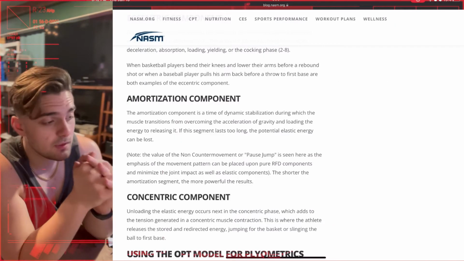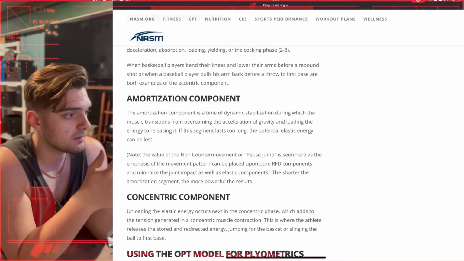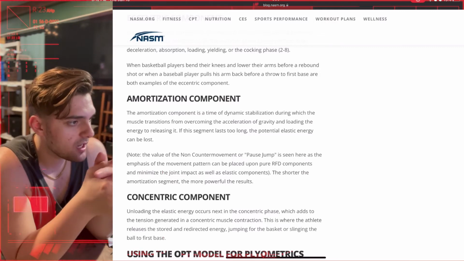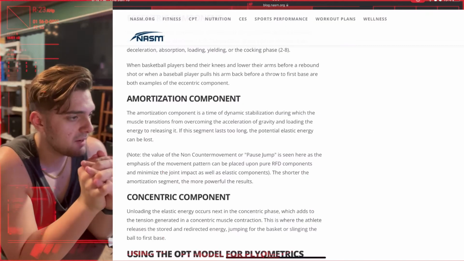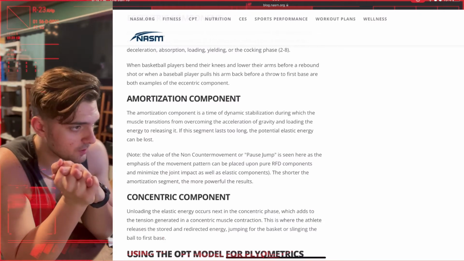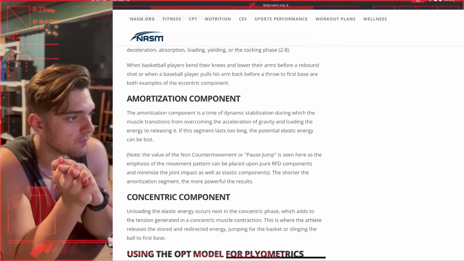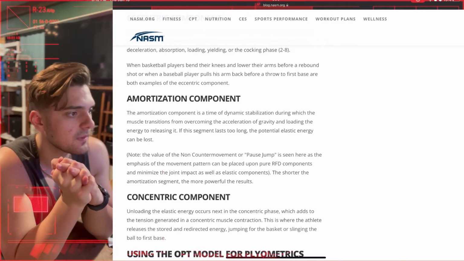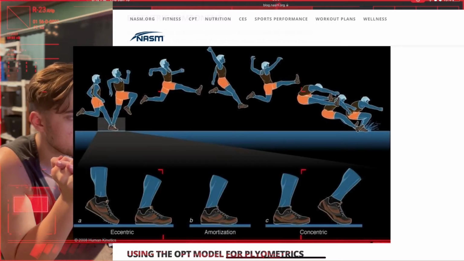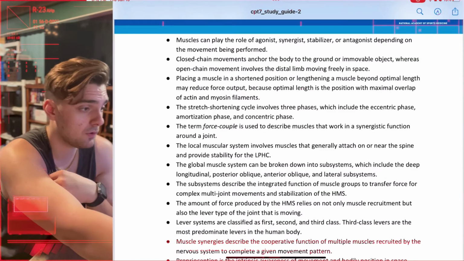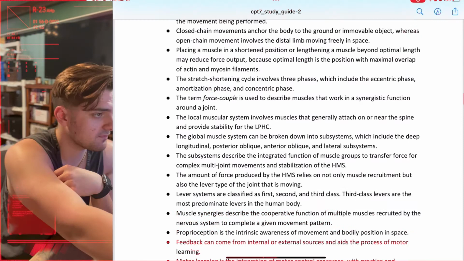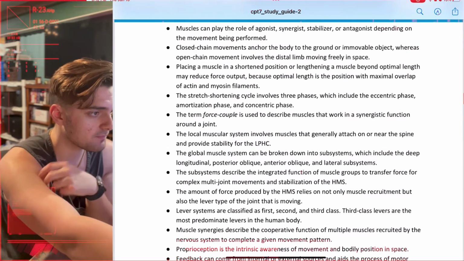All right, according to a NASM blog article, the amortization phase is a time of dynamic stabilization during which the muscle transitions from overcoming acceleration of gravity and loading energy to releasing it. If this segment lasts too long, the potential elastic energy can be lost. Maybe a whole video on amortization once I get a firm grasp on it.